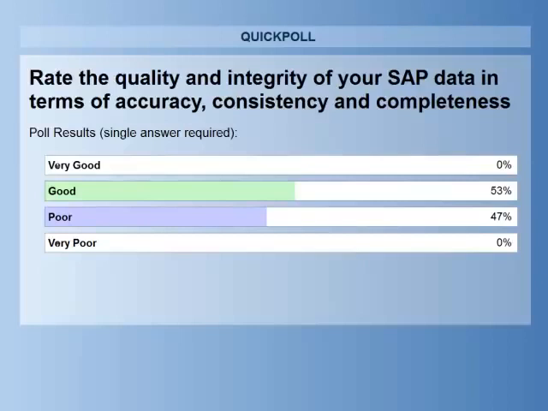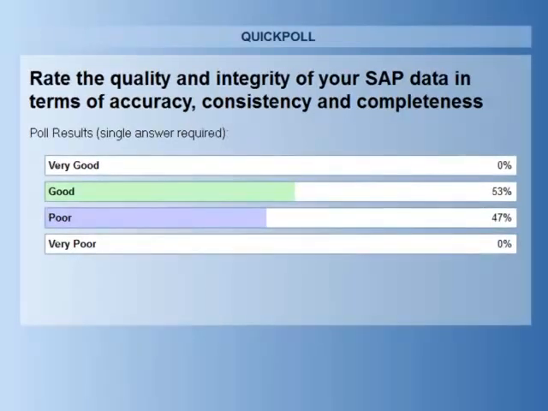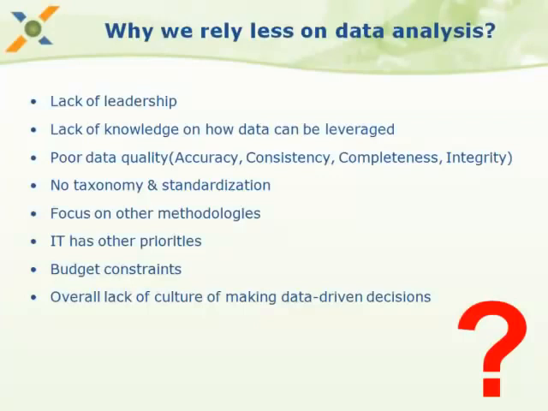Actually, this is no different than what I've seen in practice with actual users. There is good data in some parts of SAP, but sometimes it may not be complete, or it may not be accurate in some instances.